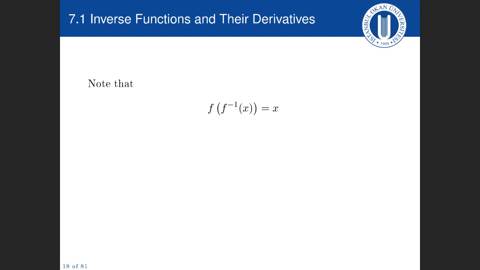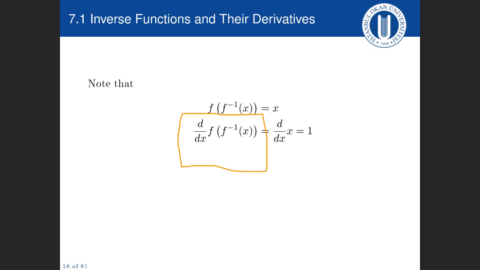I want to differentiate both sides. The derivative of f of f inverse of x must be equal to the derivative of x, but the derivative of x is just 1. What is this thing on the left? How do we take the derivative of a function of a function?